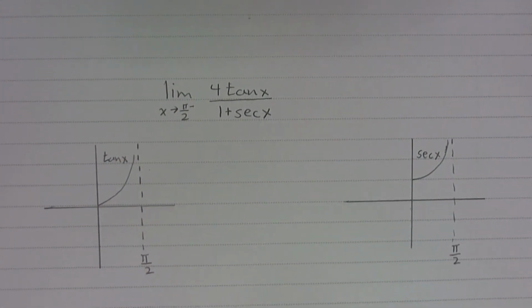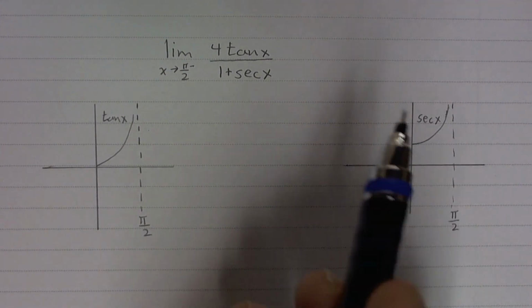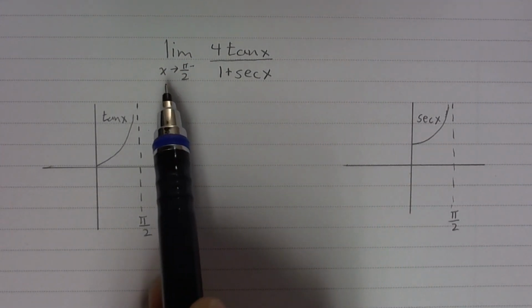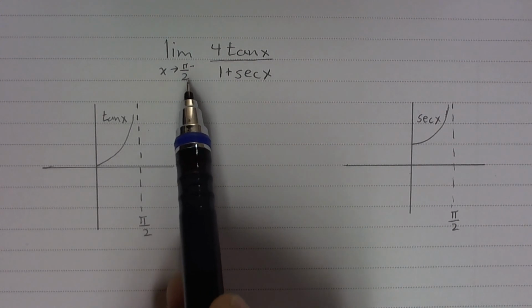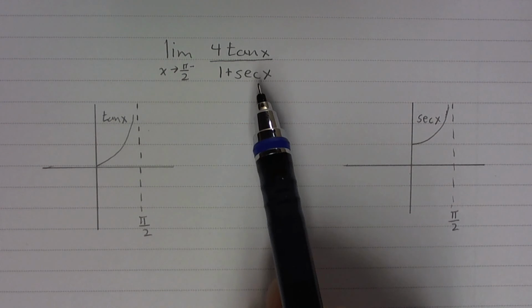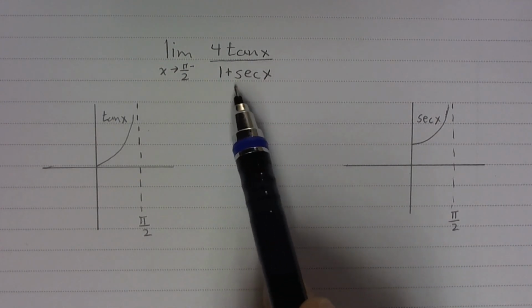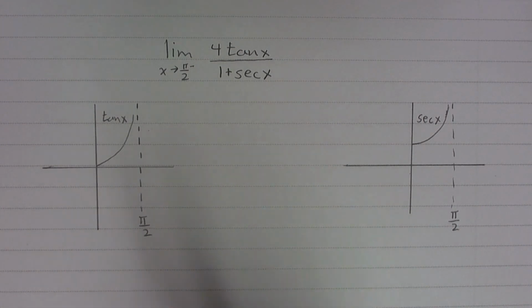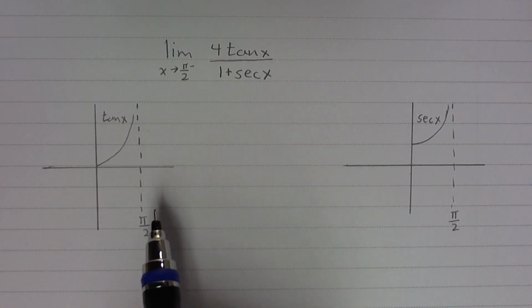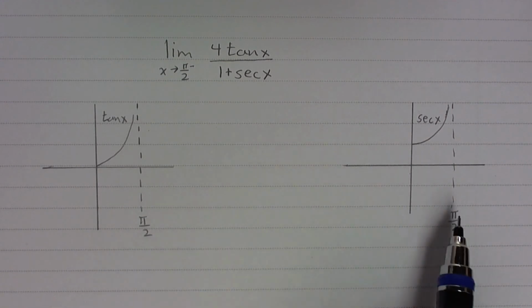Now let's look down here at a case where we have infinity over infinity. Notice I've got the limit as x goes to pi over 2 from the left of the function 4 tan x over 1 plus secant x. Now remember that for tangent and secant, both of those have asymptotes at pi over 2.